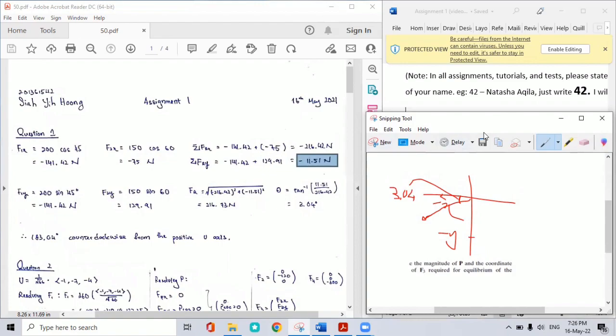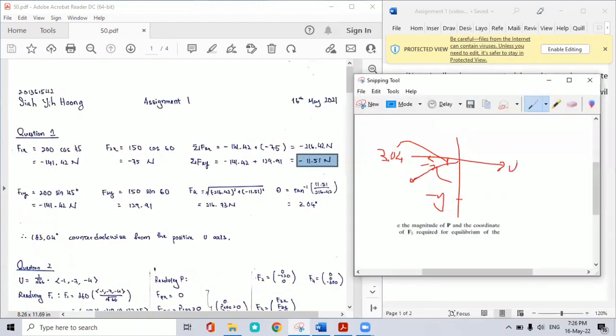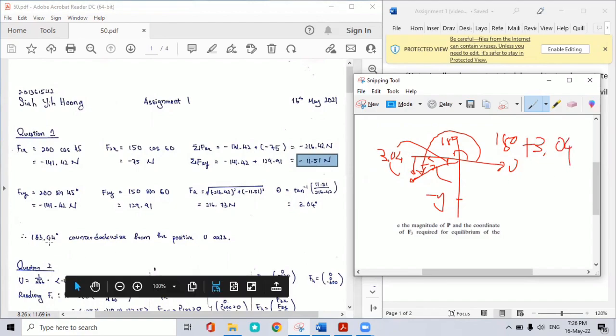If we want to calculate from the positive u-axis, it will be from here until here, which is 180 degrees, and from this axis to this axis is 3.04. So we sum both of them together, 180 plus 3.04, and it will be equal to 183.04 degrees counterclockwise from the positive u-axis.